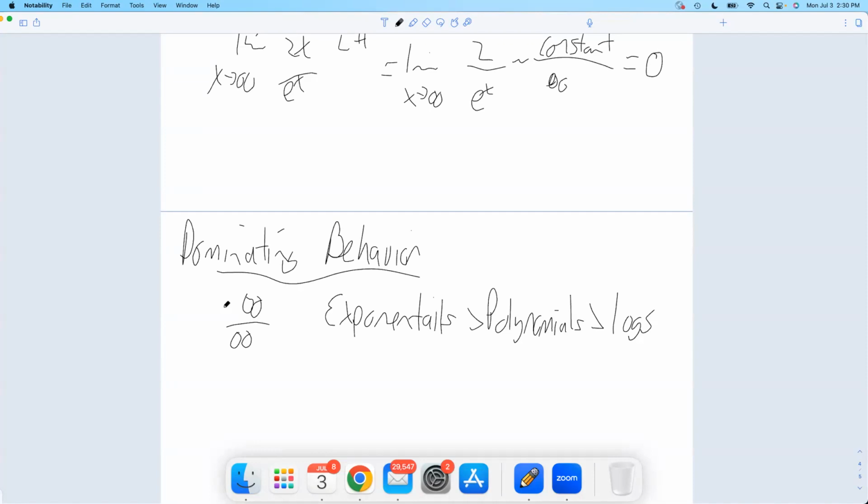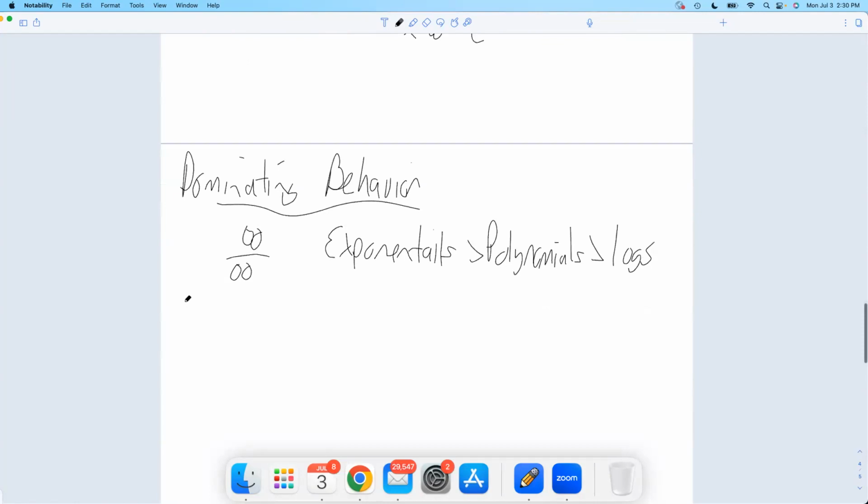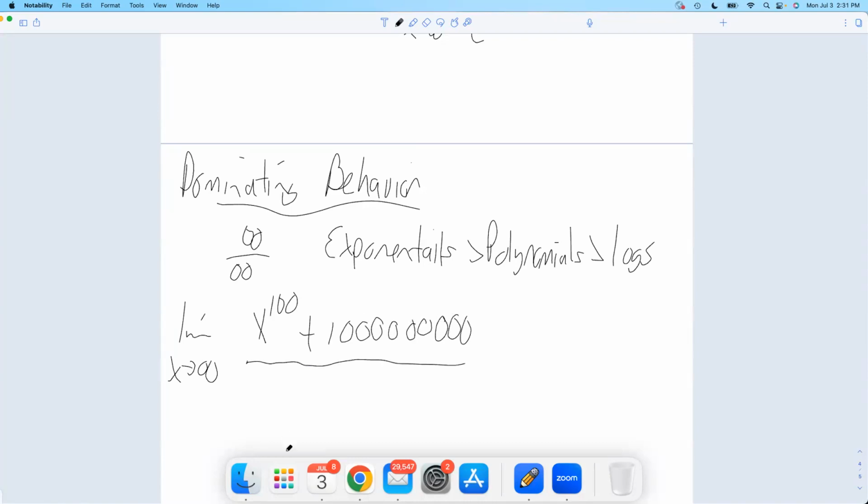So if an exponential is in the bottom versus a polynomial, if I wanted the limit as x approaches infinity of x to the 100th power plus 1 billion, or however many zeros I'm writing here, over 2 to the x minus 1.